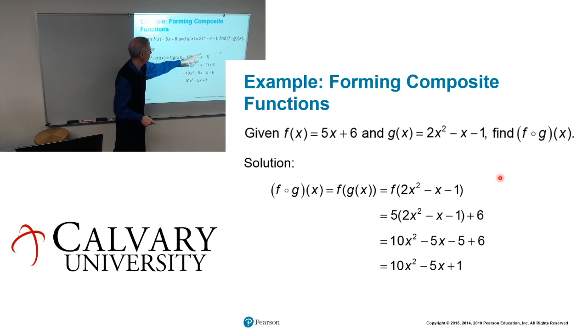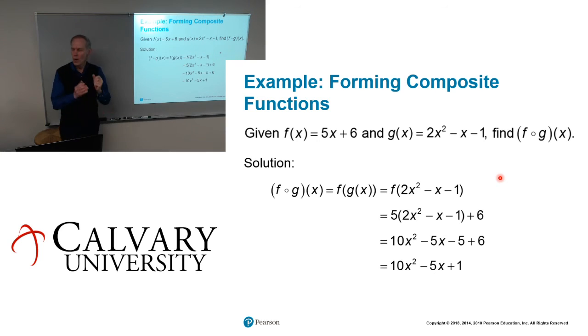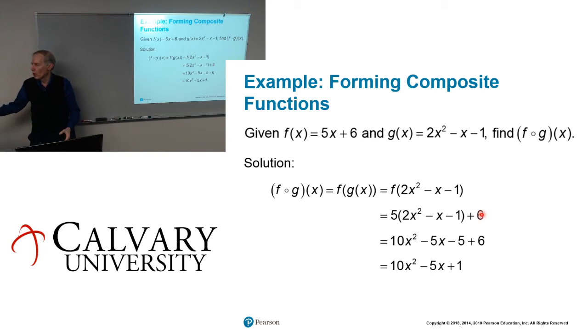So if you put that function in place of the one x value here, so it becomes 5 times this, and then you have a plus 6. So that's all you have to think about really, is substituting the inside function in place of the outside function. I know that's not really good math terminology, but that's really what it means. Then, once you get it in this form, distribute the 5 all the way through, simplify it out, and you have a composition of functions.